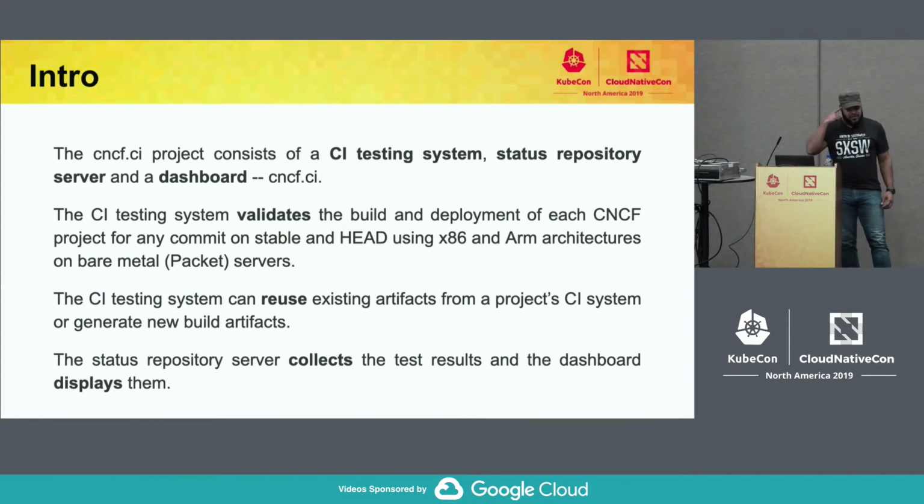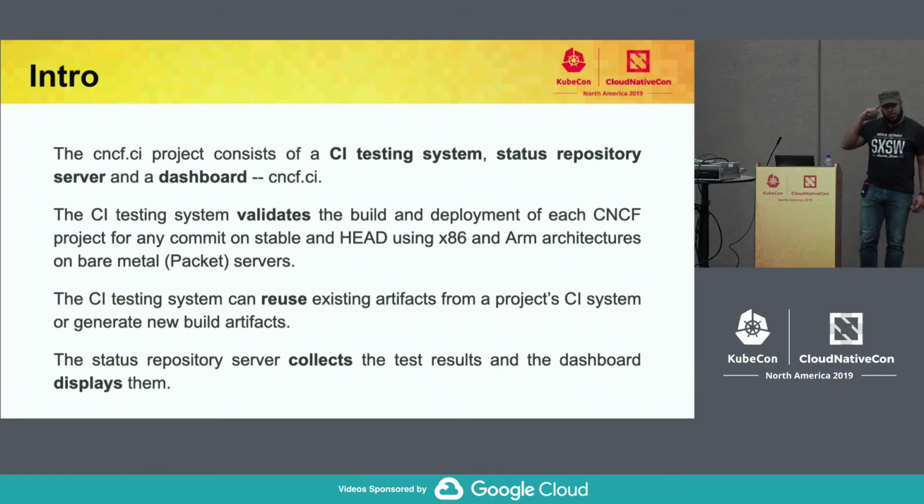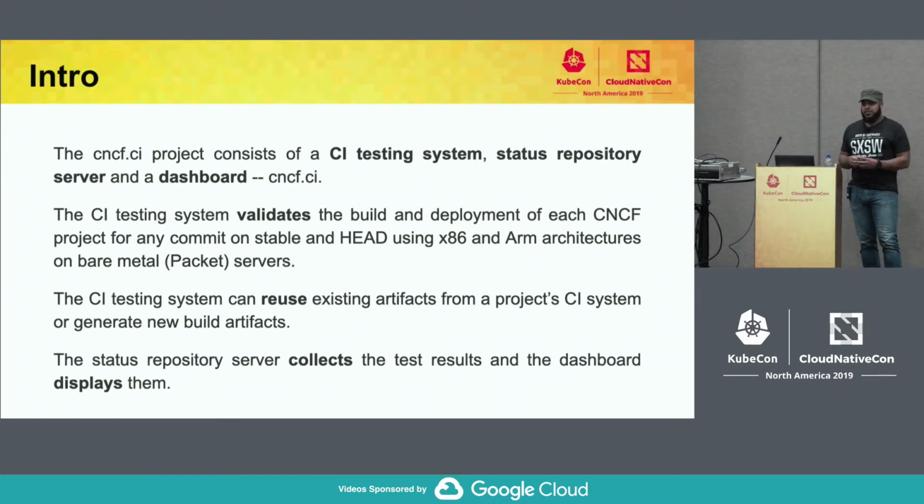The CI testing system can reuse the hosted project's artifacts, and also generate artifacts. That's more of a legacy service that we provide. And the status repository basically gathers the test results, and the dashboard shows those results.